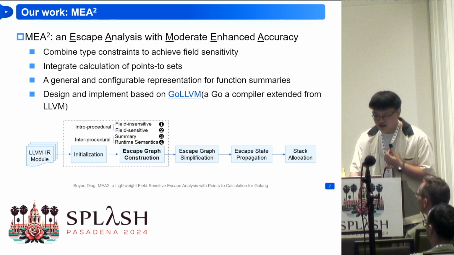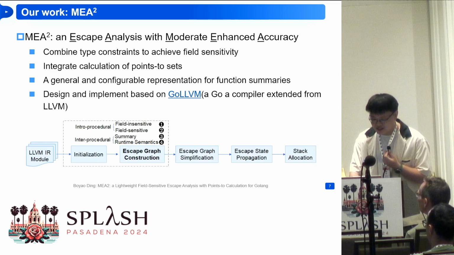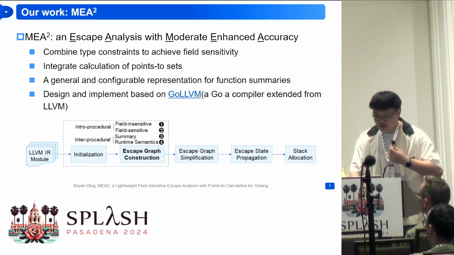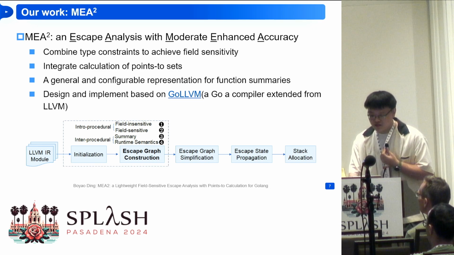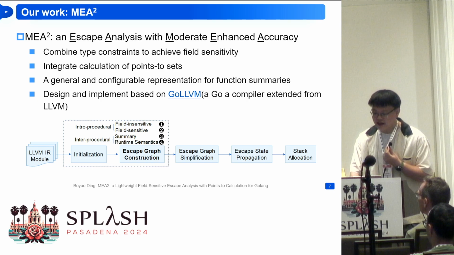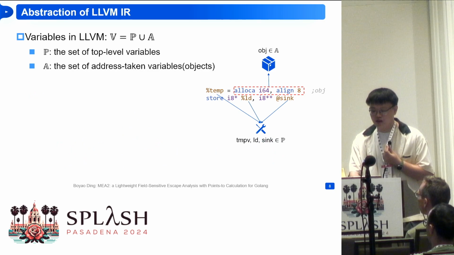MEA2 is designed based on GoLLVM, which takes LLVM as input and constructs an escape graph based on it. After simplifying and propagating escape states in the graph, stack allocation is applied. First, we'll start by introducing the abstraction of LLVM.